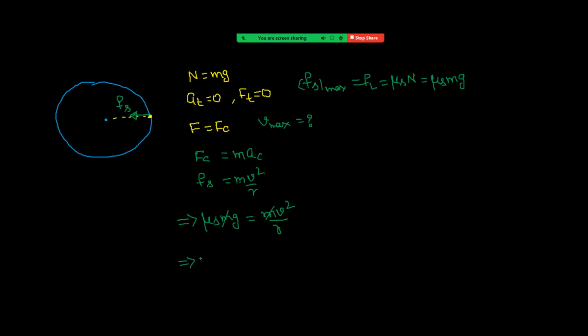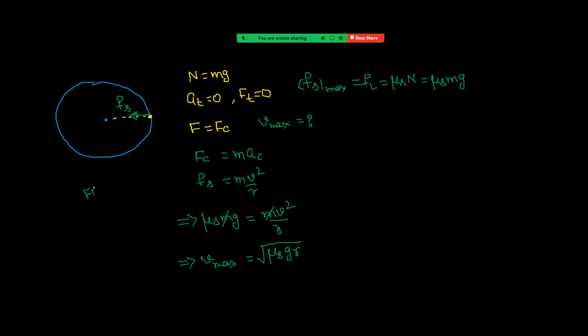So v maximum is equal to root of mu s g r. That means this maximum speed depends on the coefficient of static friction and the radius of the circle, because g is a constant.